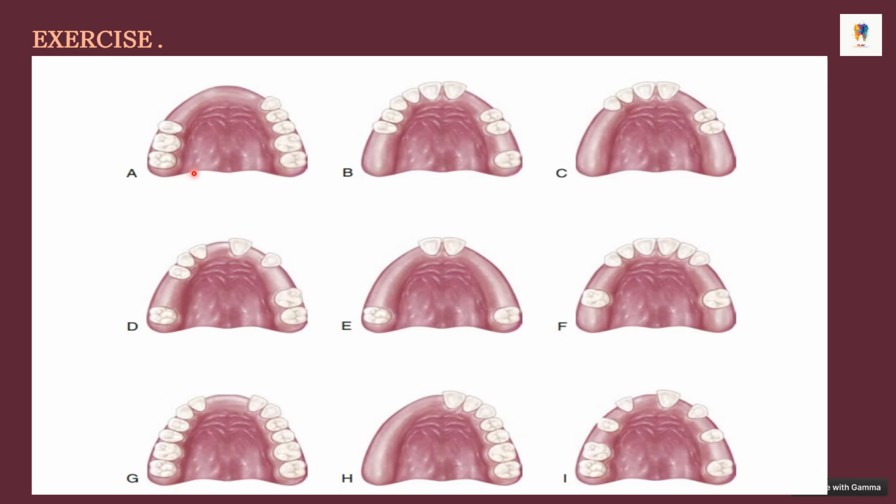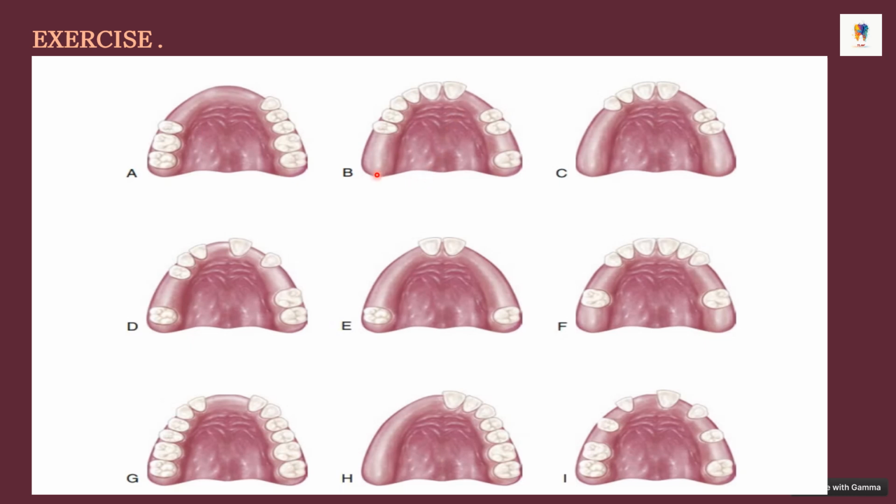These are posteriorly present teeth and here are also posteriorly present teeth, and this is your single edentulous area which is crossing the midline. Here will be your midline. It is crossing the midline and there aren't any posteriorly missing teeth. So what does that mean? This is your class 4 Kennedy's classification.